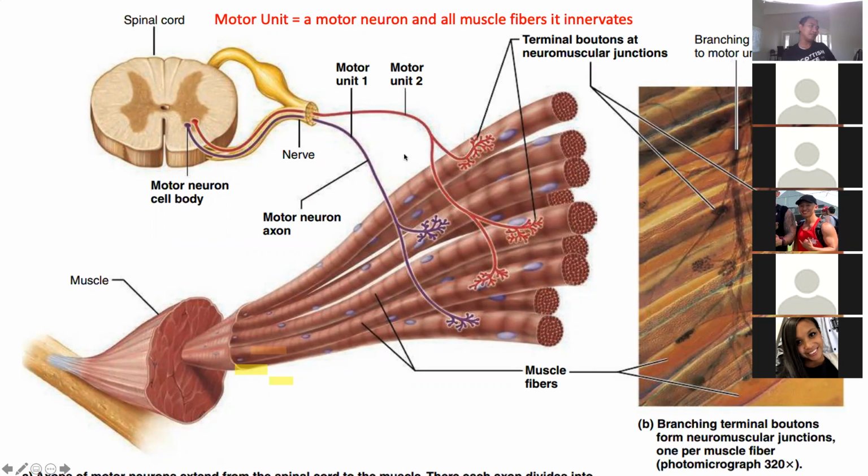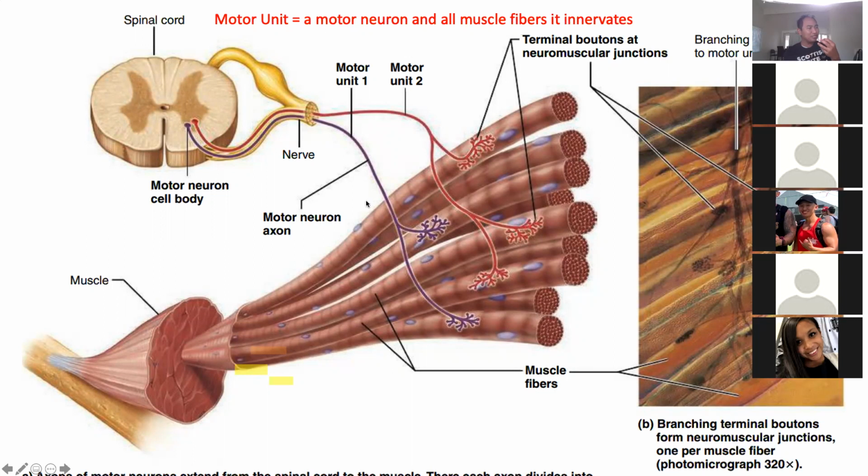So if you look at that, we have two fibers. One is colored red, the other one is colored purple. So they are different. The purple will go to its particular muscle fibers, two fibers, and the red will go to its particular fibers here.